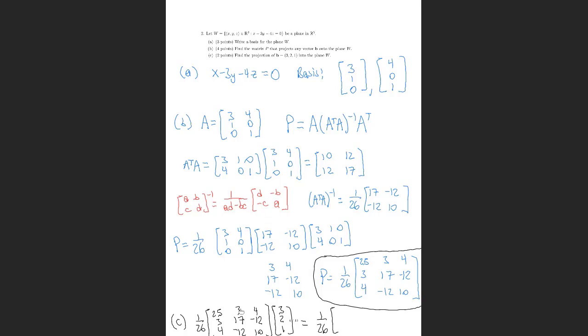So 75, 81, 85, I think. And then 9, 33, 21, if I did that right. And then 12, negative 12, so negative 2. Okay. So then that should be the projection of 3, 2, 1 onto the plane, all right?